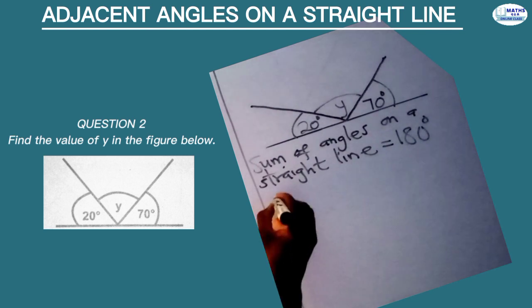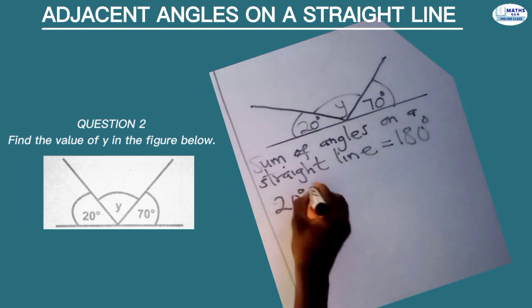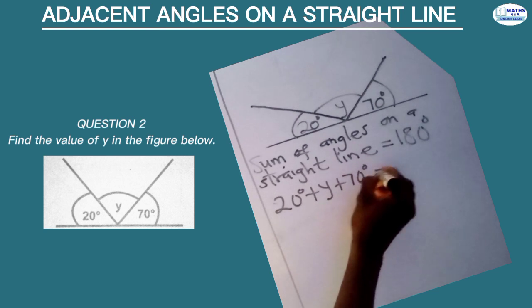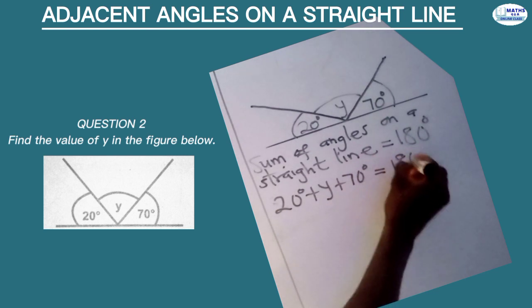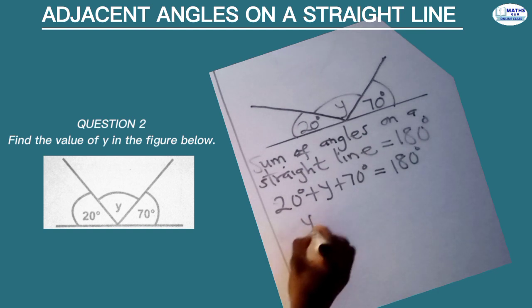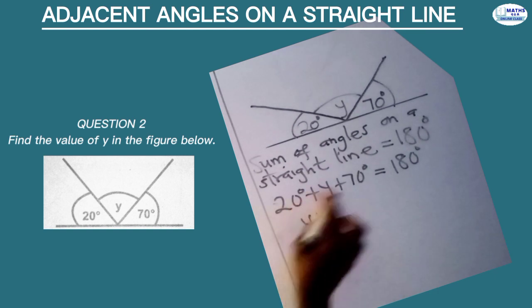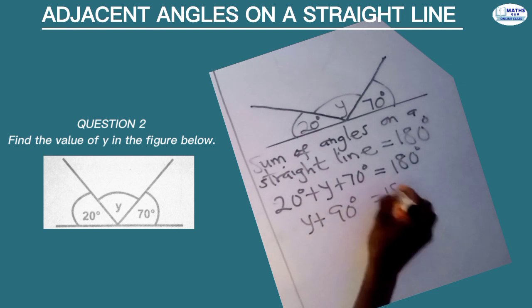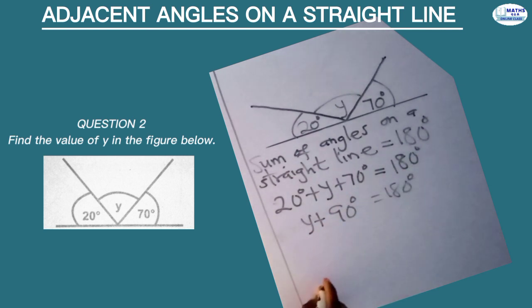So now let's do that. We have 20 degrees plus y plus 70 degrees, and all of these will be equated to 180 degrees. So now we have y plus 20 plus 70 is what? 90 degrees, and that one is equal to 180 degrees.